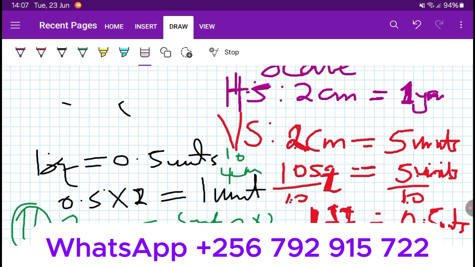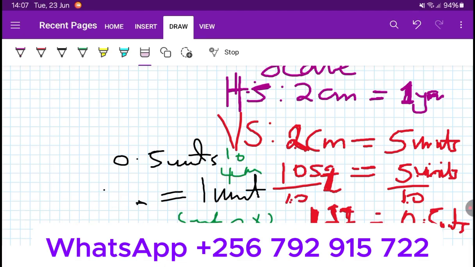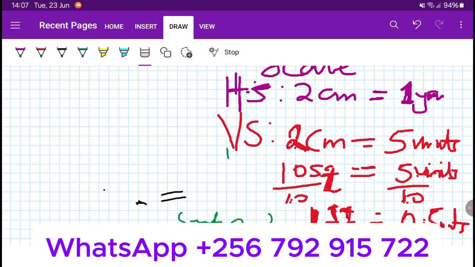So if you are using a graph book, what I'm talking about, you will be seeing them, because we have that broad line that separates the small squares and the 1 centimeter. You will see that between the first 2 broad lines, there are 5 small squares inside.